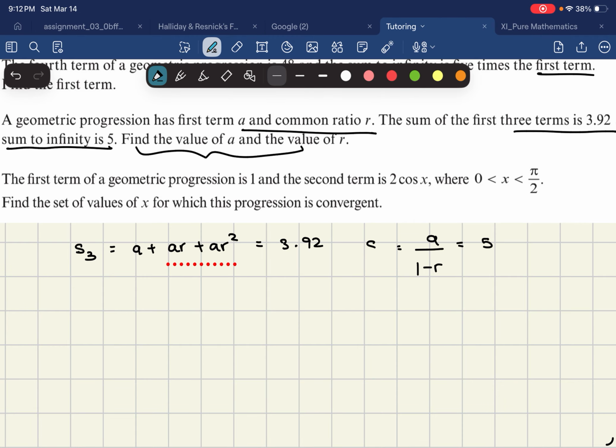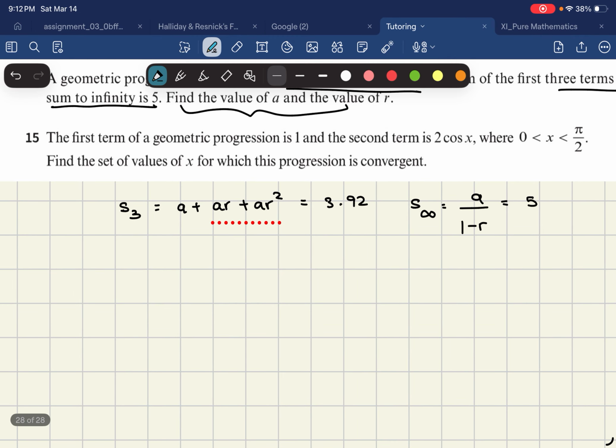And this is just the sum to infinity, right? So I know the relationship between a and r. Now another way to write S3 is equal to a, and we have three terms, so r cubed minus 1 divided by r minus 1. So if you simplify, you actually get this, so we'll not be using this form.